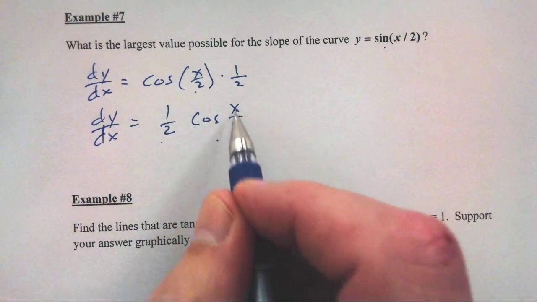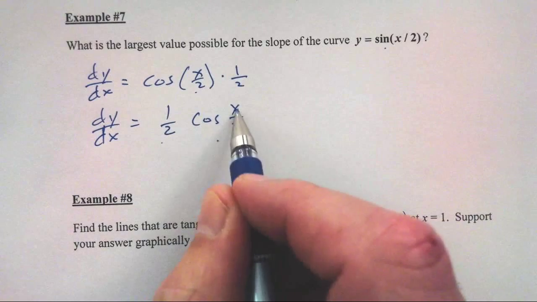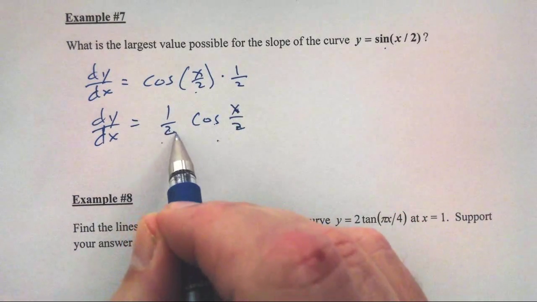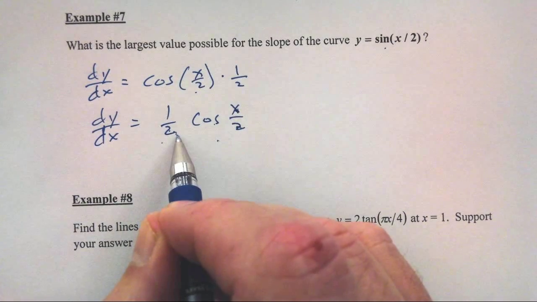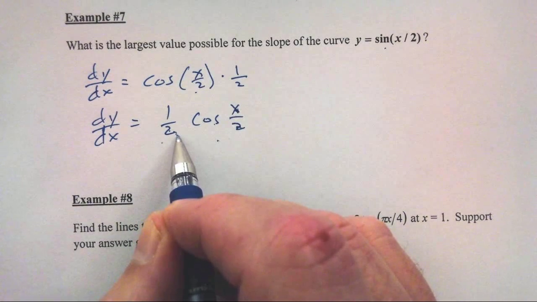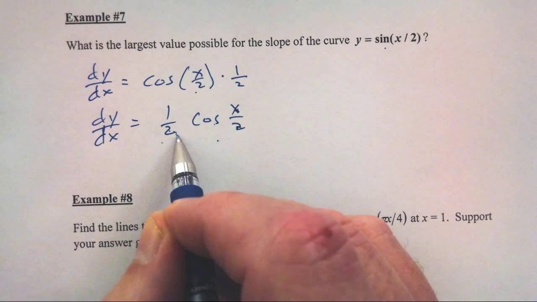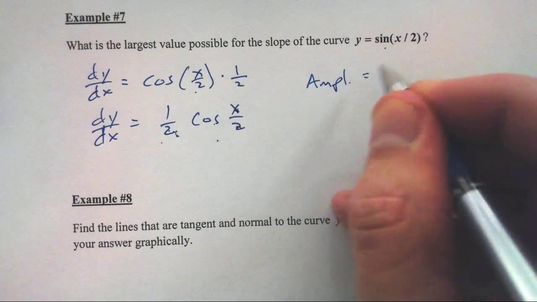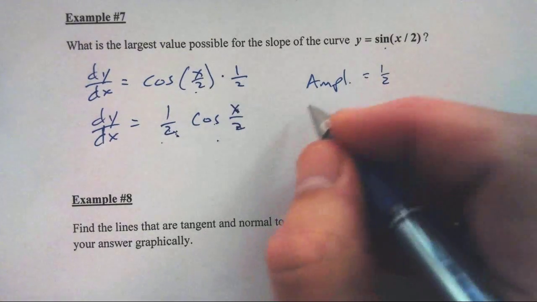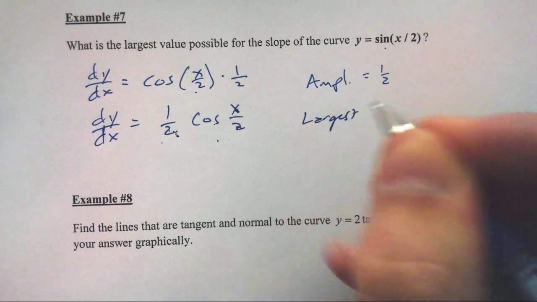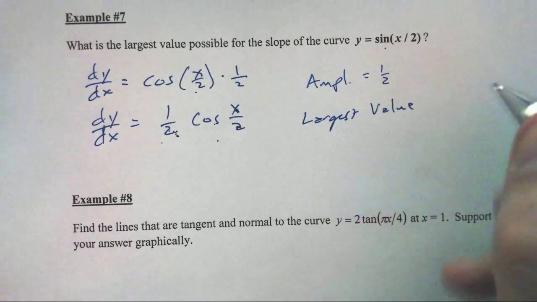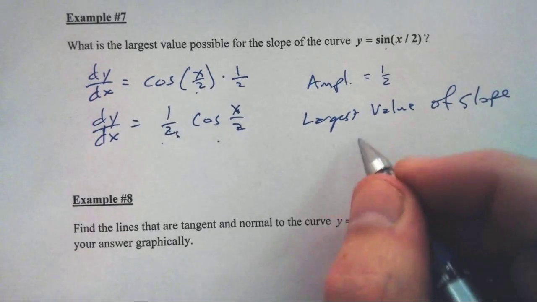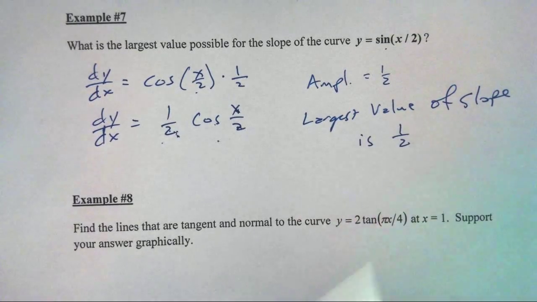This has no effect on the graph of cosine whatsoever as far as how tall it gets, but this does. This is half the amplitude, and typically the biggest value of cosine is 1, so half that size. Since our amplitude equals 1/2, then the largest value we can get for slope is 1/2.